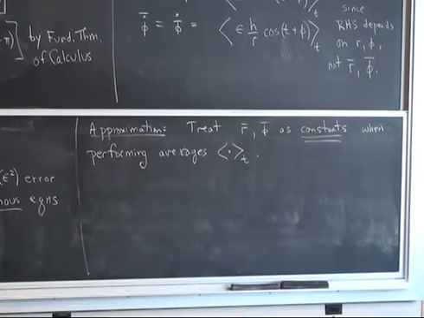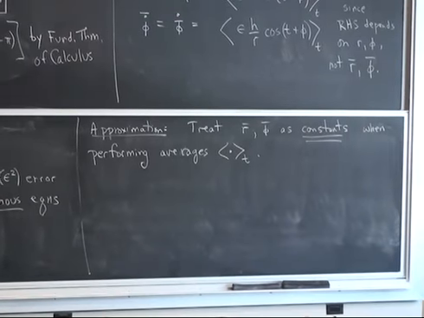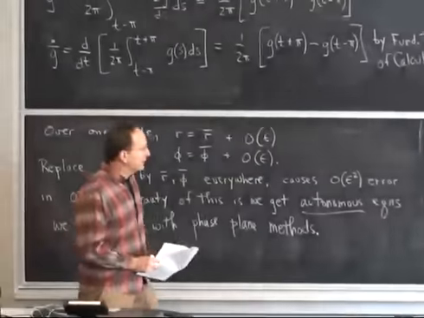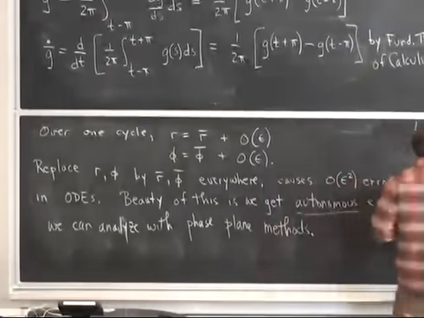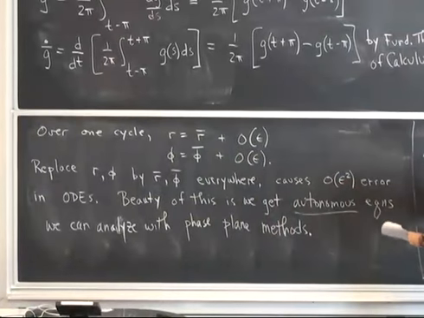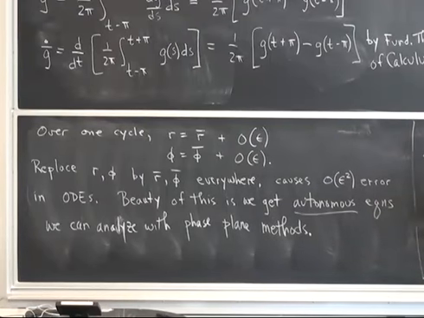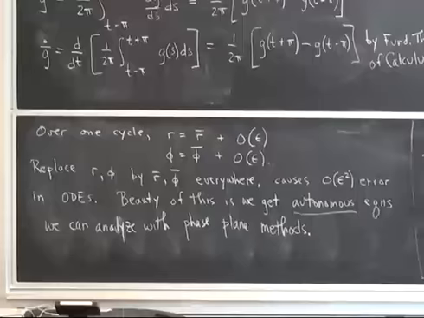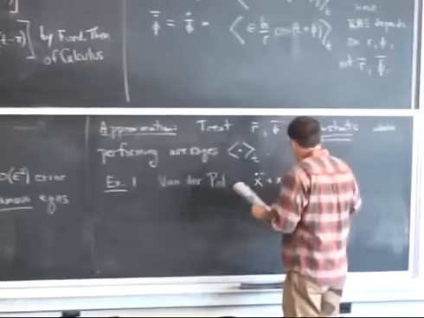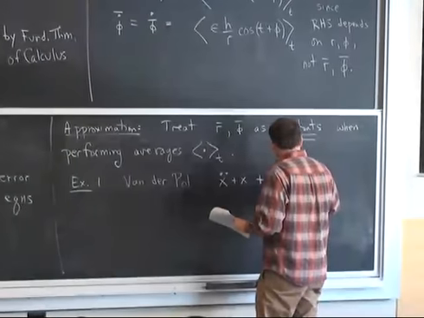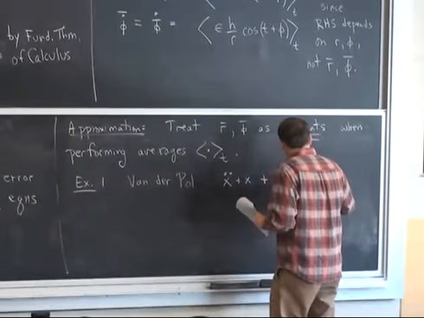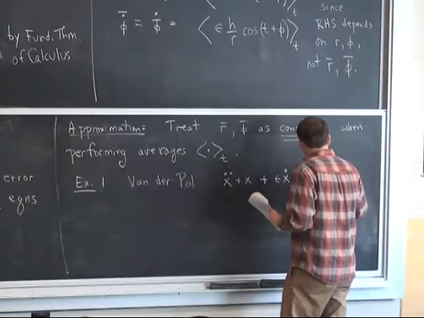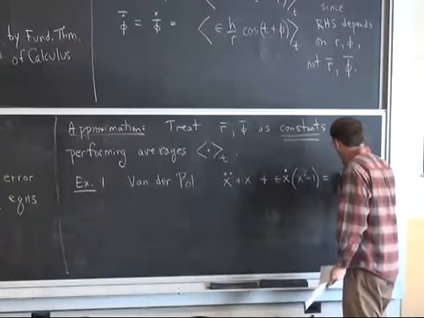How about we go back to our van der Pol oscillator? We had talked about that with the energy method, and now it's time to wheel out this method on it. So that was the equation, x double dot plus x, plus this interesting nonlinear damping, epsilon x dot times x squared minus 1, equals 0.